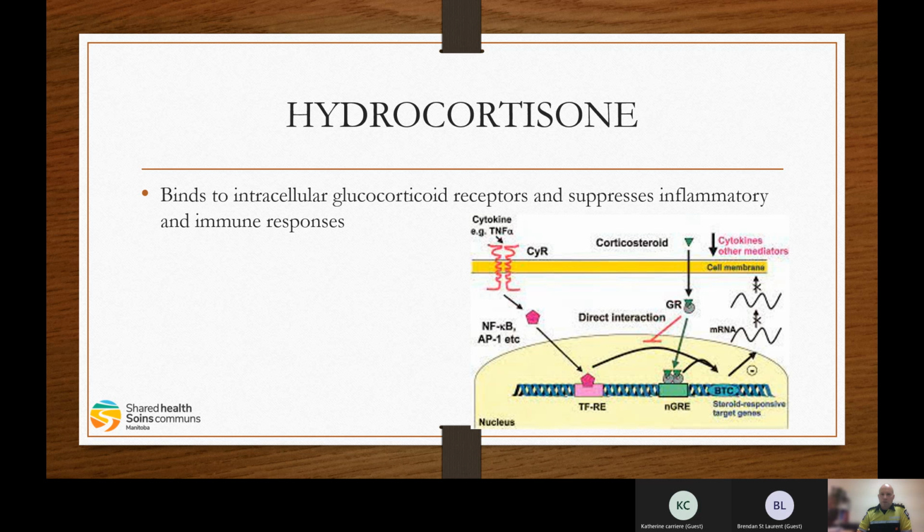The steroid molecule, the hydrocortisone, diffuses across cell membranes and binds to glucocorticoid receptors, which causes a conformational change inside the receptors in the cell. Once it's inside the cell, it starts reactions that result in RNA or ribonucleic acid and protein synthesis, which controls synthesis of pro-inflammatory mediators. So long story short, the steroid goes into the cell and helps to prevent the triggering of the inflammation response that is created in the actual individual cell.